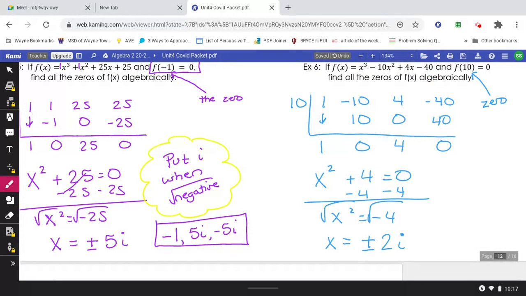So our final list of answers should be 10, positive 2i, and negative 2i. Good work.